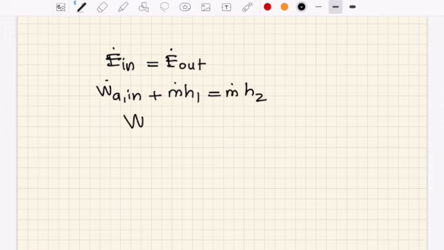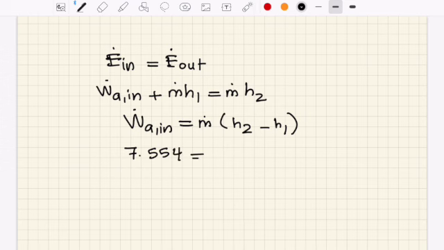We have already found the actual power, which was 7.554 kilowatts, and the mass flow rate is given to us.